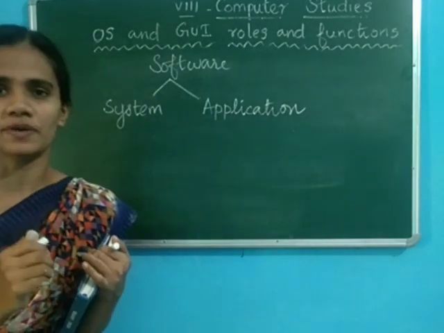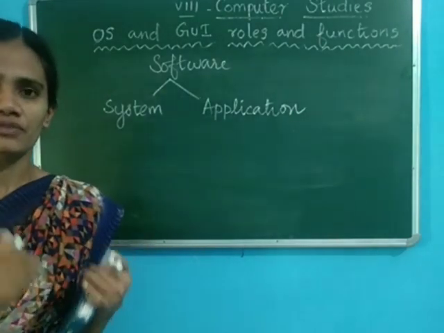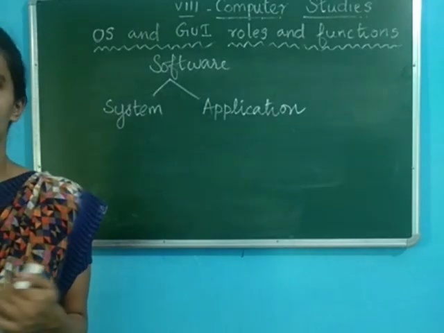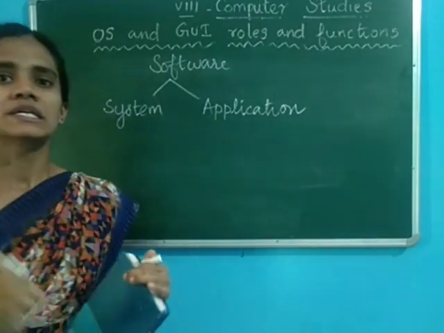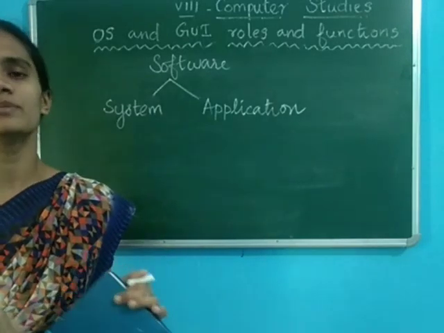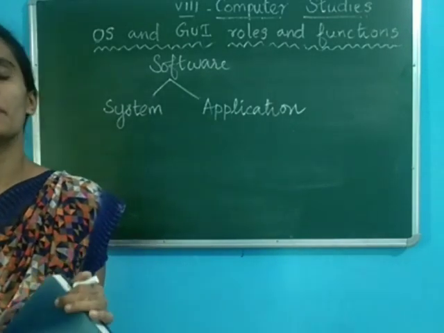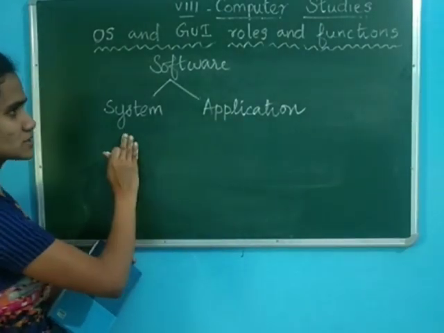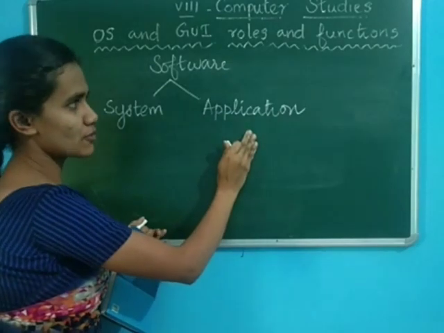First, what is software? Software means a set of instructions, a set of programs, which is used to perform a specific task. There are two categories, system software and application software.